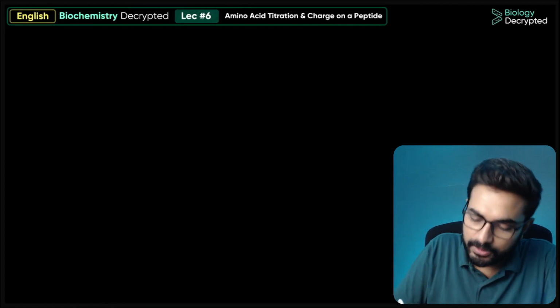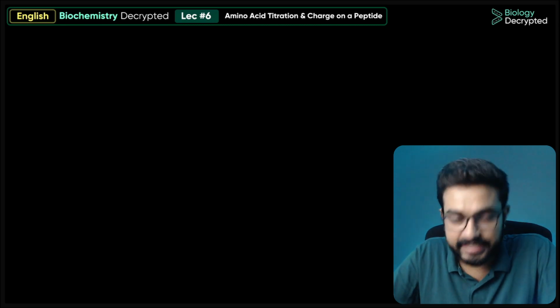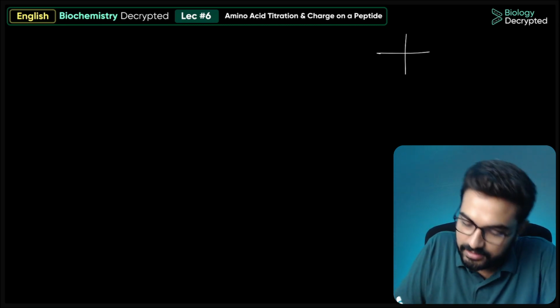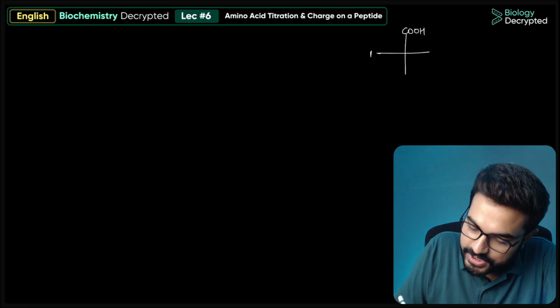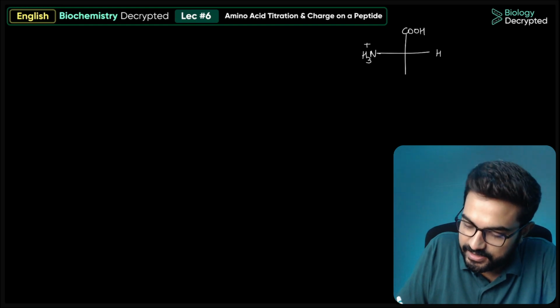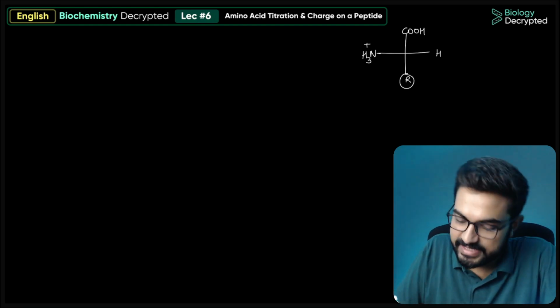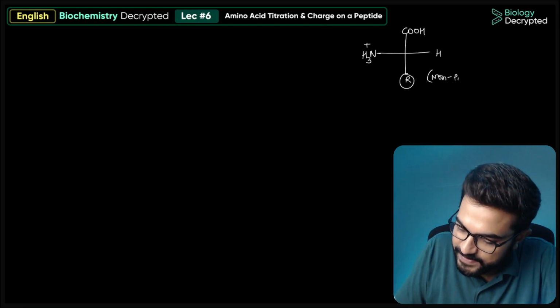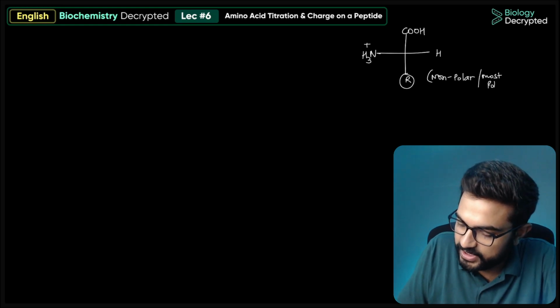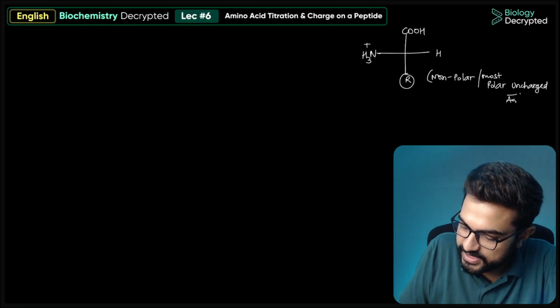Now let's talk about the concept of ionization further in detail. So we'll draw the general structure again, COOH, NH3 plus, H and R, and let's say we are considering specifically non-polar and polar uncharged amino acids.